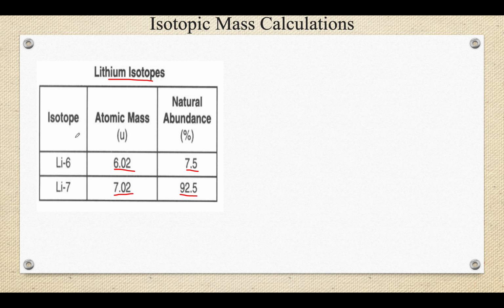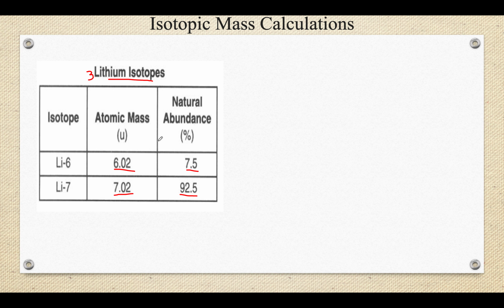Hopefully we remember that the atomic number of lithium is 3, and so the isotope lithium-6 would have 3 protons and 3 neutrons, whereas lithium-7 would have 3 protons and 4 neutrons.